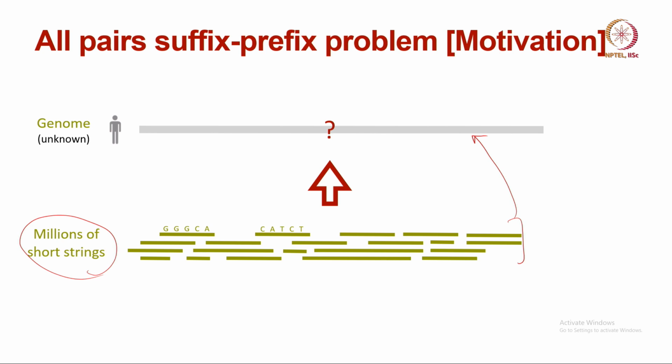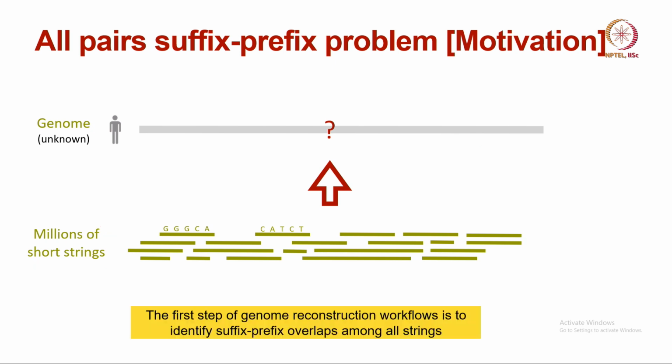And one way to answer this problem would be to look at suffix prefix overlaps, because as you can imagine, these strings have overlaps among them. So, similar to how we solve a jigsaw puzzle, we have to look at the overlaps among the strings and figure out the order in which they appear in the genome sequence, right. So, the first step of genome construction workflows is typically to identify suffix prefix overlaps among all strings.